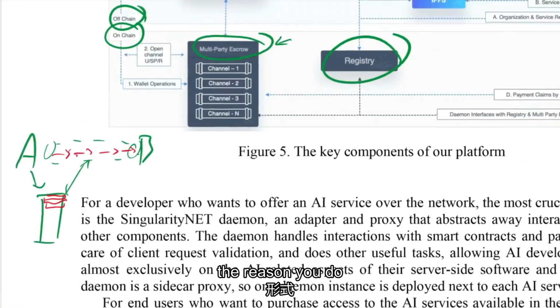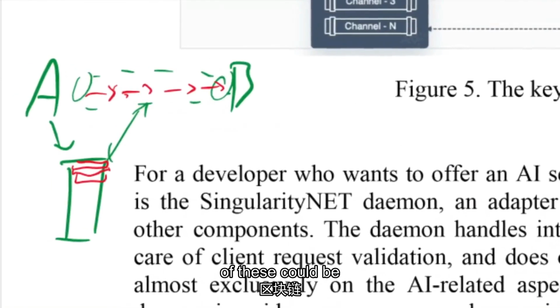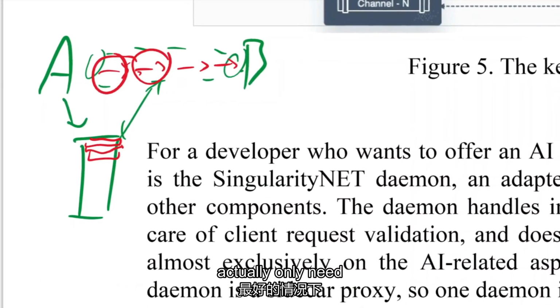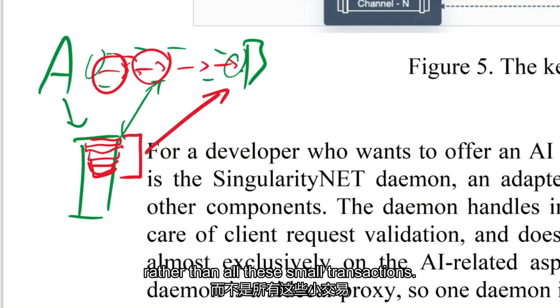And the reason you do it in escrow form is that all of these could be transactions on the blockchain, right? But that's, first of all, slow, and second of all, expensive. If you do it like this, you need only one transaction in the best case. If Alice spends this much money to Bob, there needs to be only one transaction putting all of it to Bob at the same time, rather than all these small transactions.